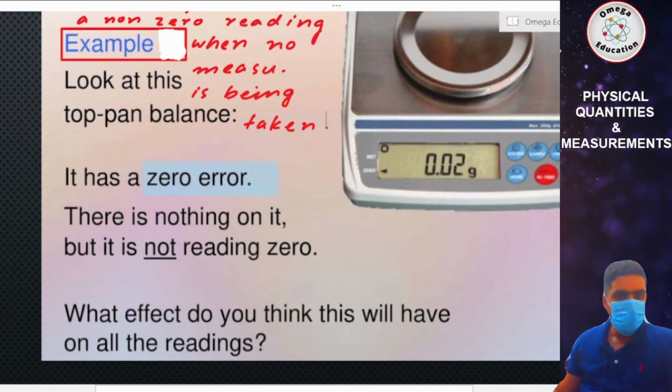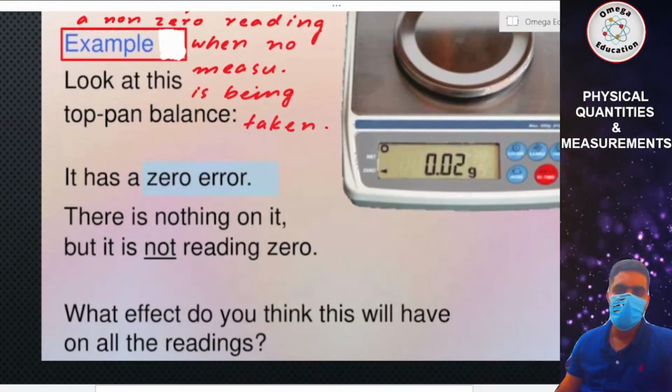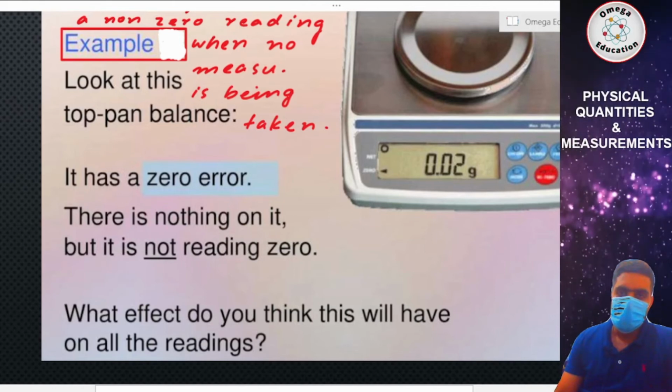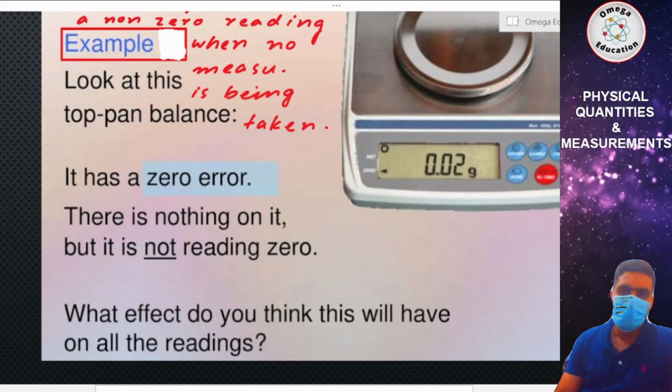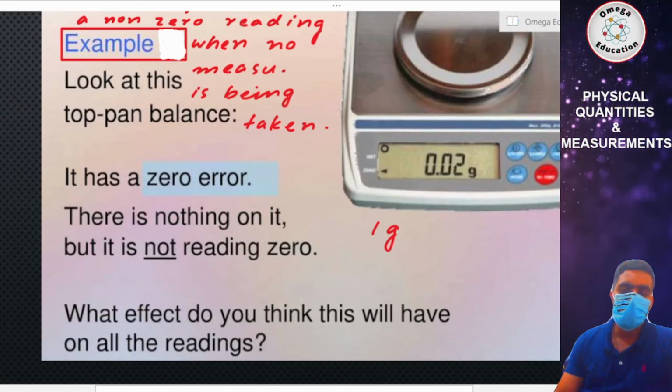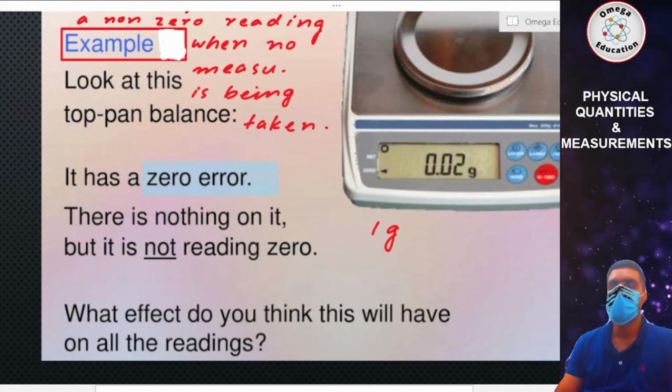What effect do you think this will have on all the readings? The effect would be, let's say you need to get 1 gram, so it is already showing that even if they have not placed anything on it, you already have 0.02 grams.